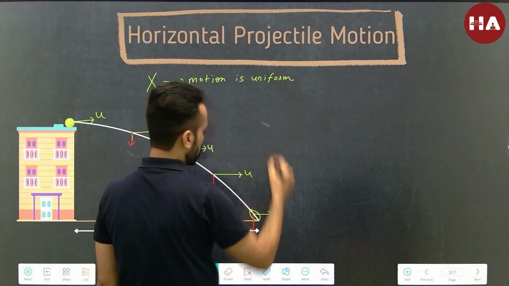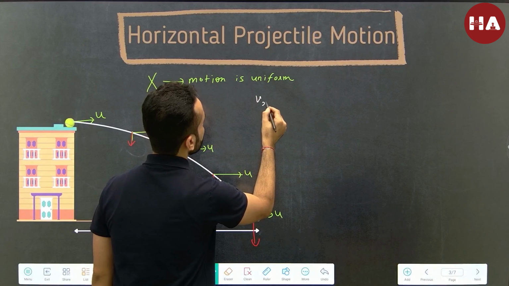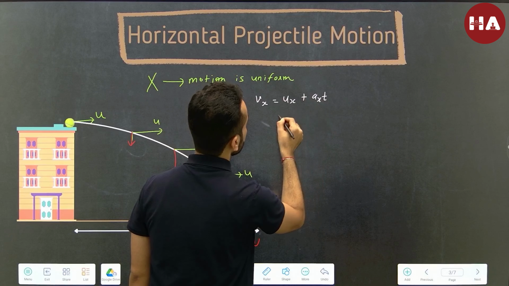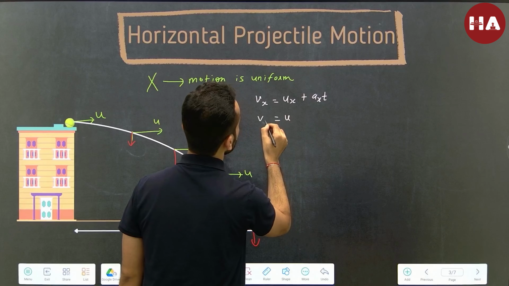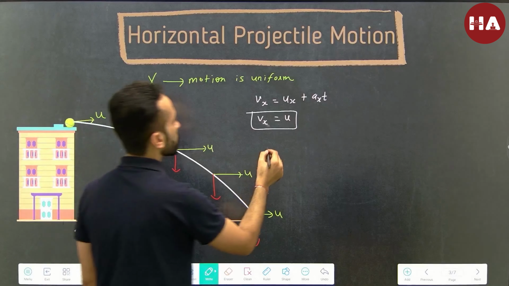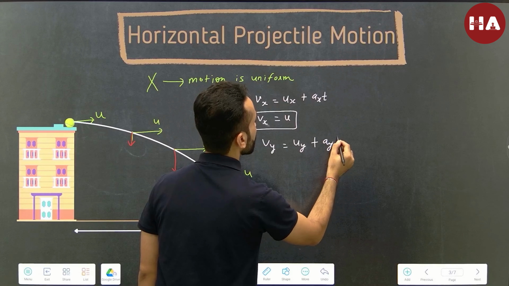Okay, so shall we write now what is Vx? So you would write ux plus axt, but since ax is 0, so Vx is going to be u itself. So x velocity never changes. What about Vy? You would write Vy is equals to uy plus ayt.